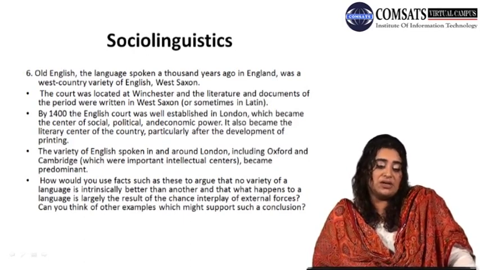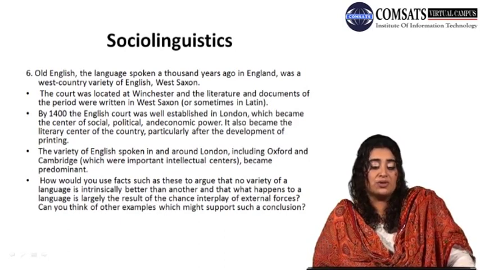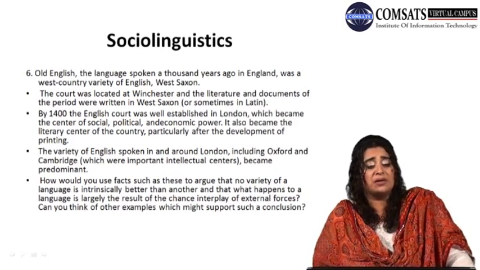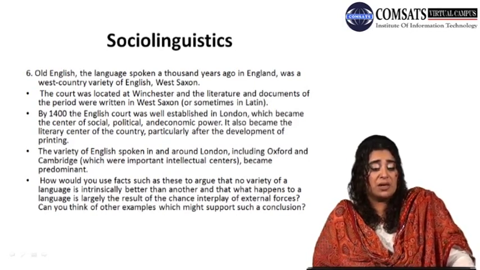By the 1400s, the English court was well established in London, which became the center of social, political, and economic power. It also became the literary center of the country, particularly after the development of printing. The variety of English spoken in and around London, including Oxford and Cambridge, which were important intellectual centers, became predominant.